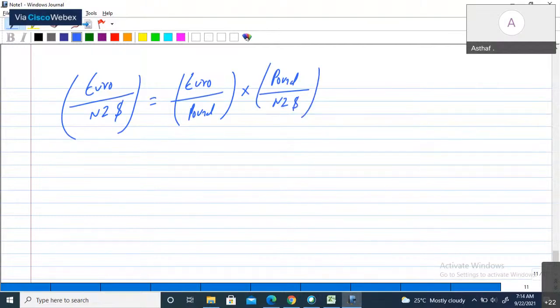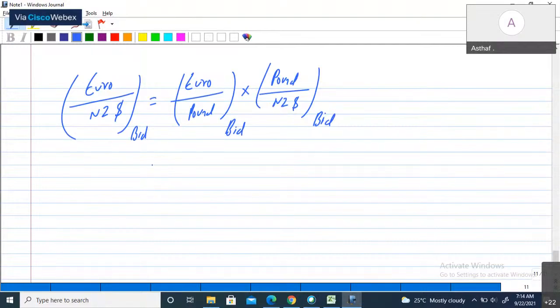Now you want to get both bid and ask. It's a direct quote. There is no indirect quote involved. Very, very easy. This is a direct quote. So euro to New Zealand bid will be euro to pound bid into pound to New Zealand bid.